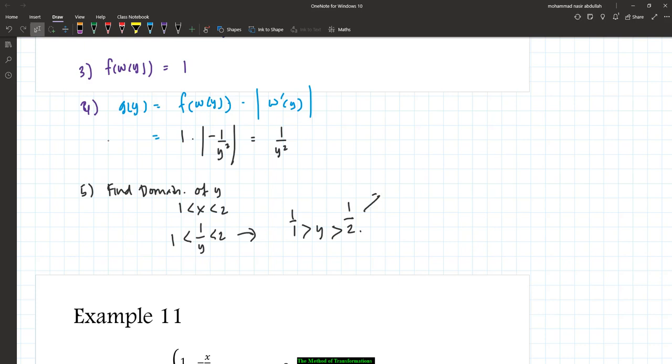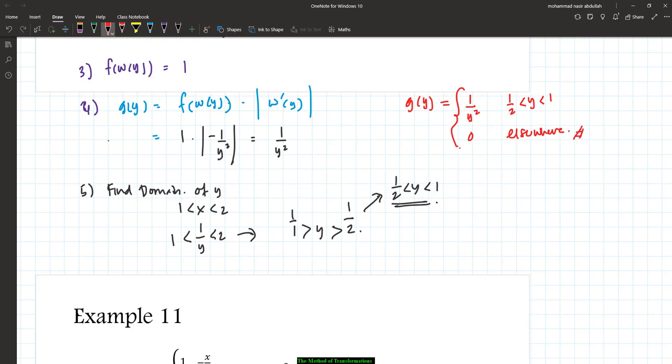It should be equal to like this, 1 over 2 to 1. Right? So now we just put it into the official PDF format. So g(y) is equal to 1 over y squared, for 1 over 2 until 1, and 0 elsewhere. So this is the new PDF.